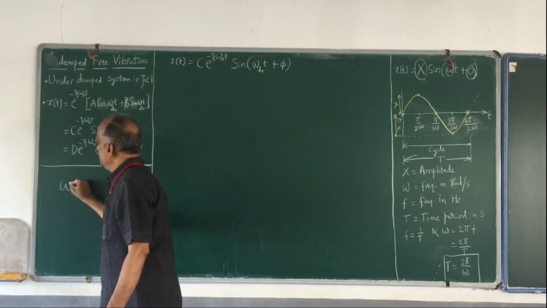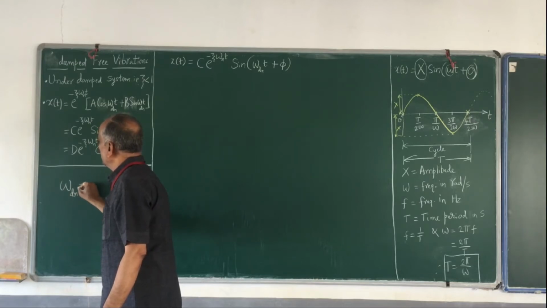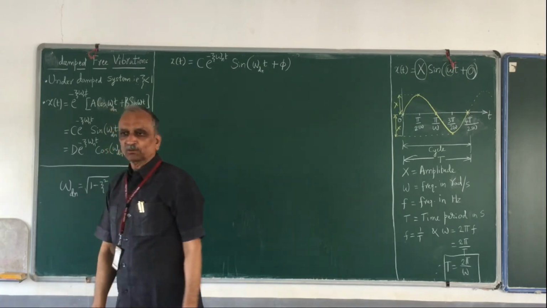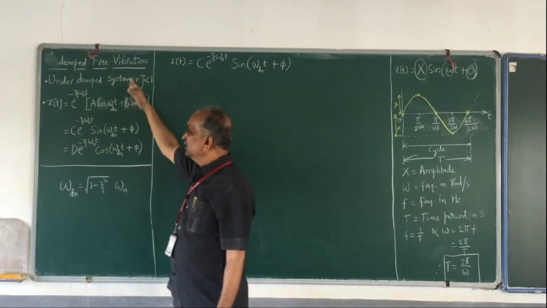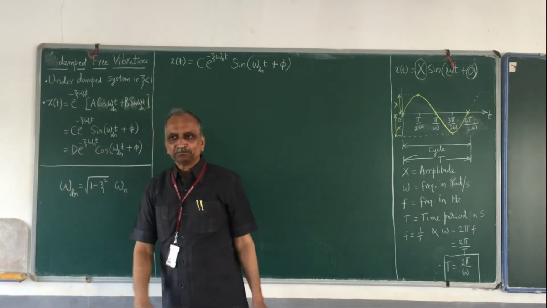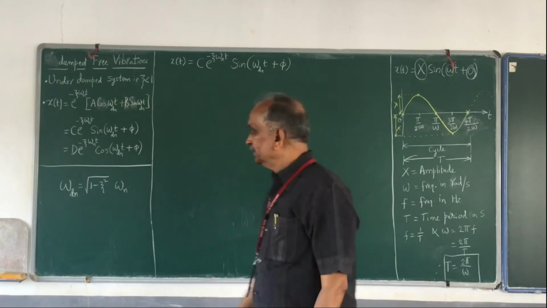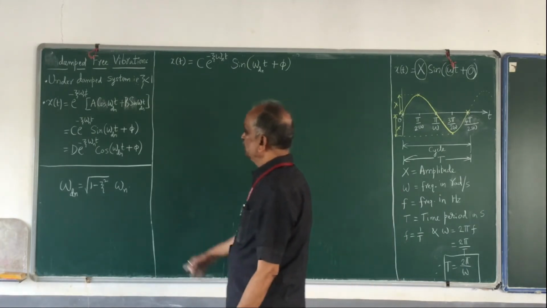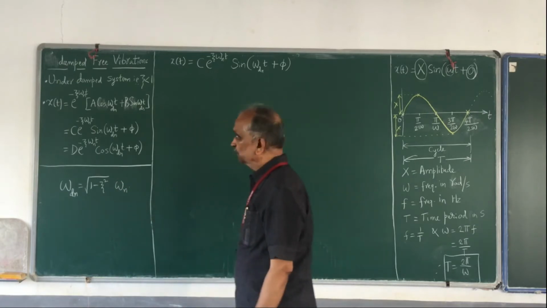And omega dn, we know that. This is nothing but root of 1 minus zeta square into omega n. Don't forget that. While deriving this, we have replaced this term by omega dn. Omega dn is root of 1 minus zeta square multiplied by omega n. What is omega n? Root of k by m. All that we know.